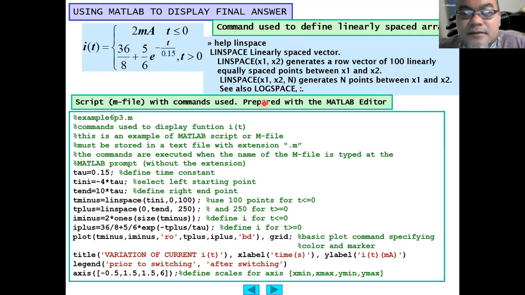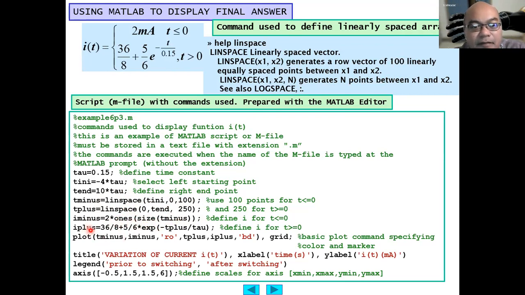Then you can calculate i minus, the current for t less than or equal to 0, which is 2 milliampere, 2 times 1.